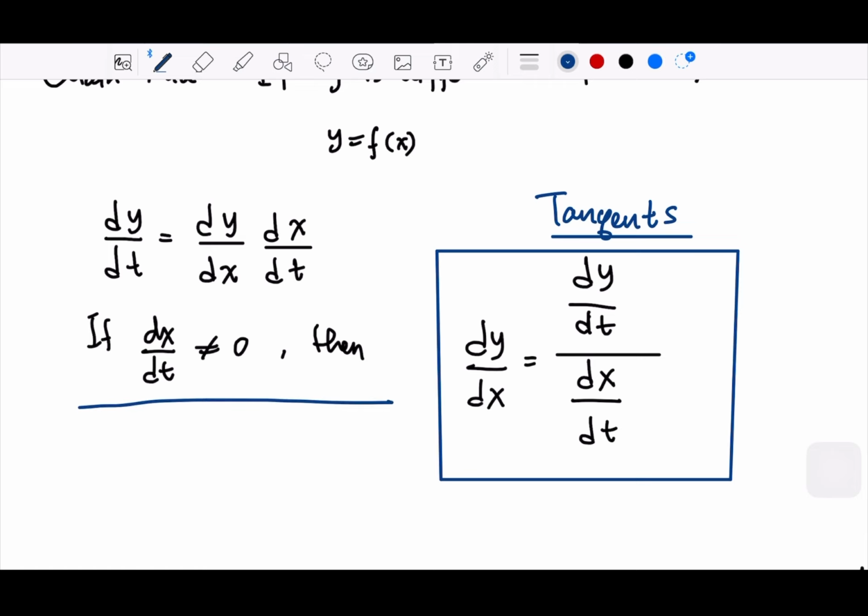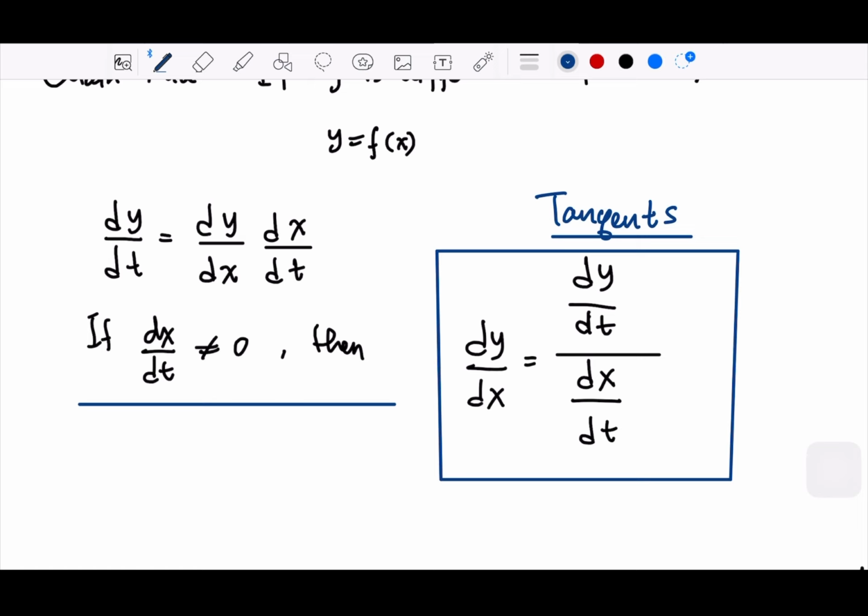But this is supposed to be dx over dt is not 0. If you still visualize with a moving object, like in physics, so x and y is the change in position, if you have dx over dt and dy over dt, it means that it will be the velocity.